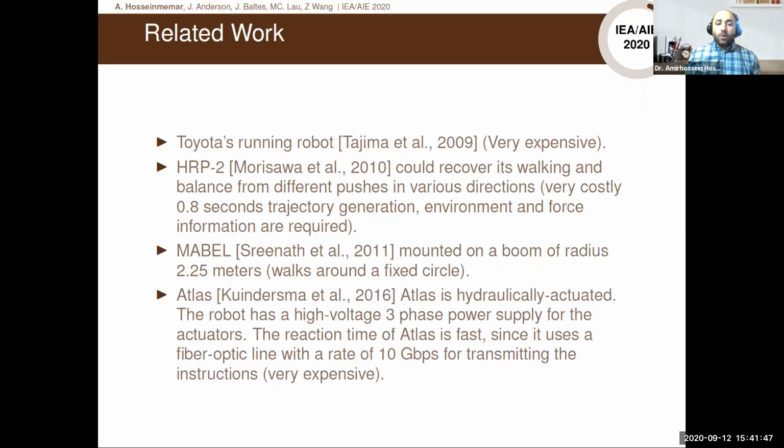The other robot, Atlas, which is very famous, is a hydraulically actuated robot. This robot has a high voltage three-phase power supply for the actuators. The reaction time of Atlas is very fast since it uses a fiber optic line with a rate of 10 gigabit per second for transmitting the instructions. One of the main issues with this robot is that it is extremely expensive.